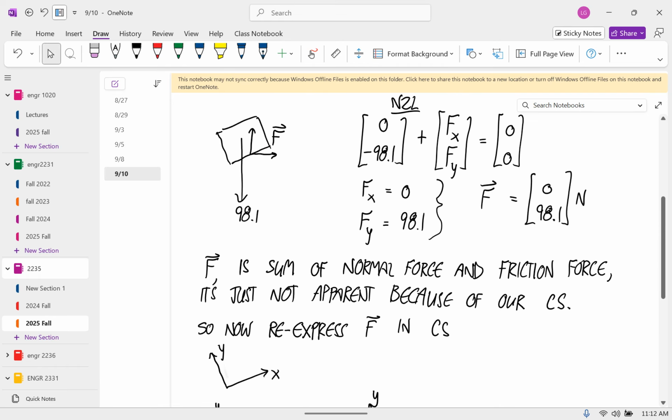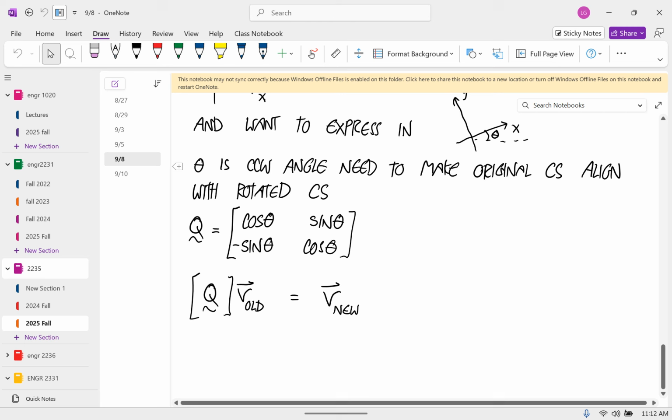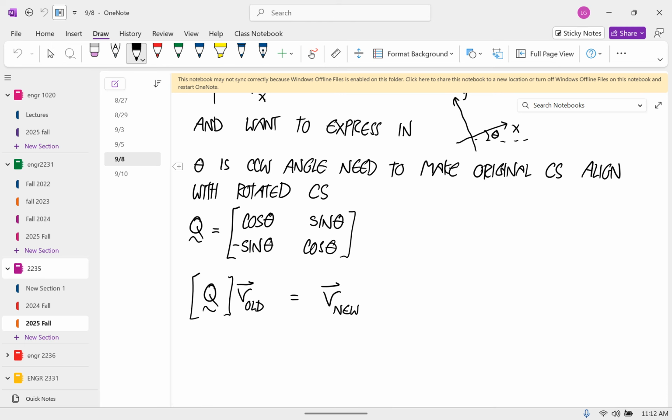Because that was our vector in the original coordinate system. So I think at the end of last time I said, it's always going to be this rotation matrix times the vector in the old coordinate system is equal to the vector in the new coordinate system.